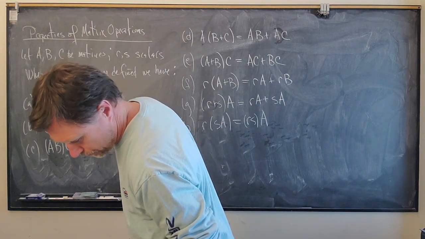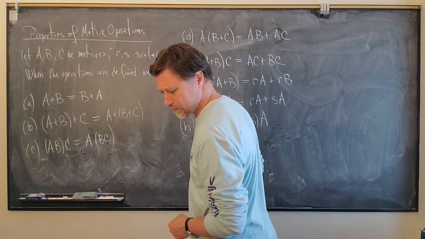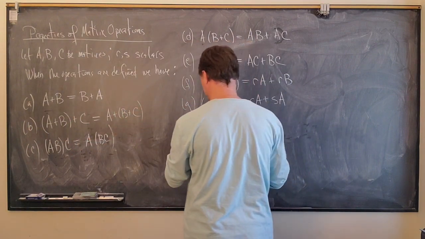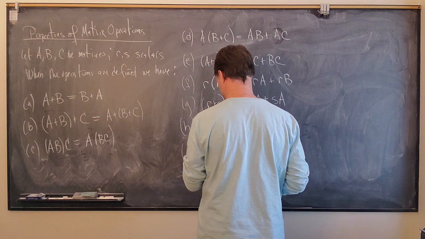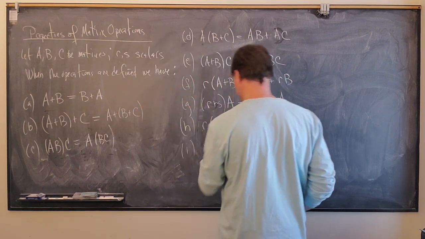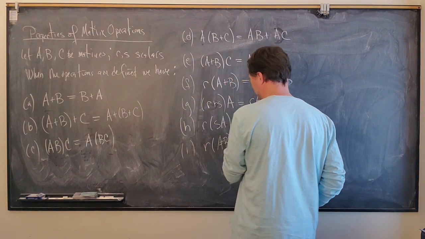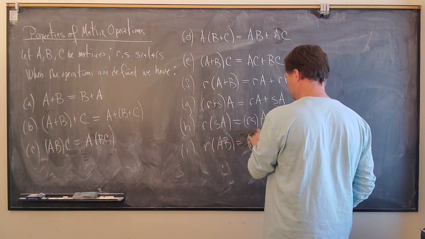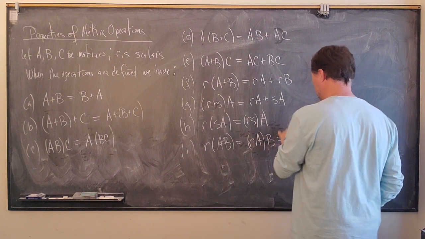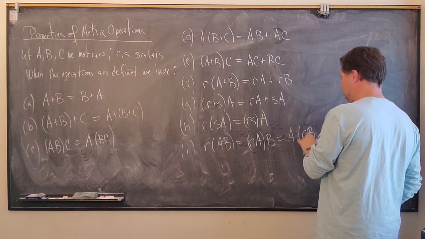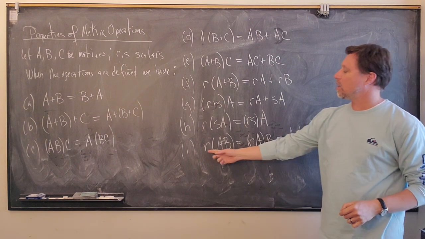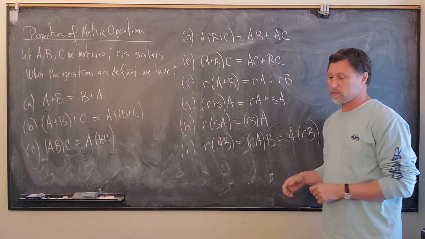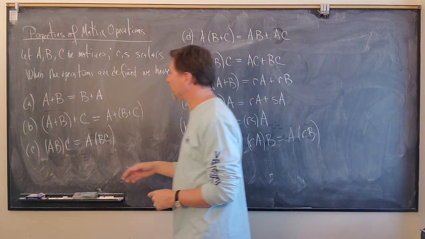And this last one, R times AB, it's kind of an associative property also, is equal to RA times B, which is equal to A times RB. So what this is saying is you can slide constant multiplication or scalar multiplication wherever you like when you're doing matrix multiplication. All right, so here are some properties of matrix operations.